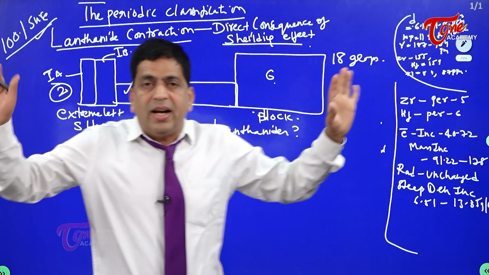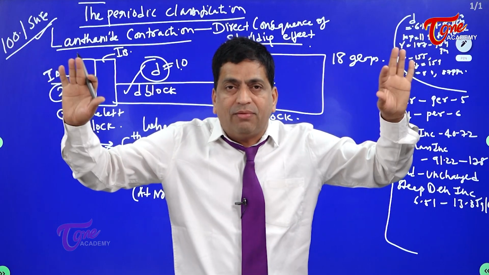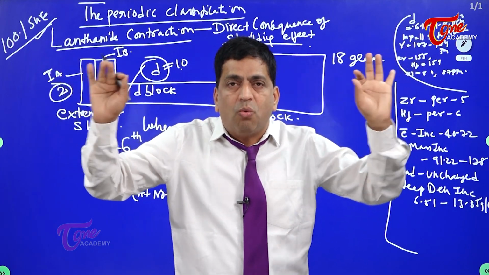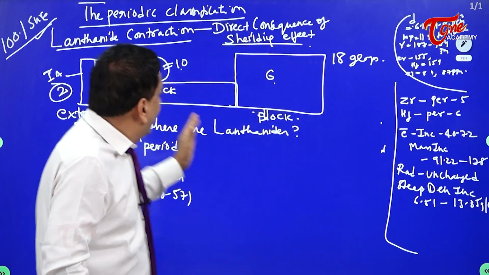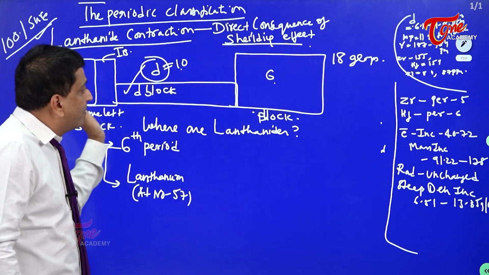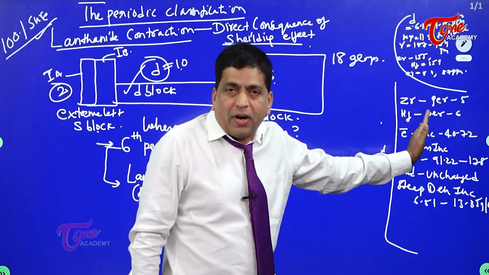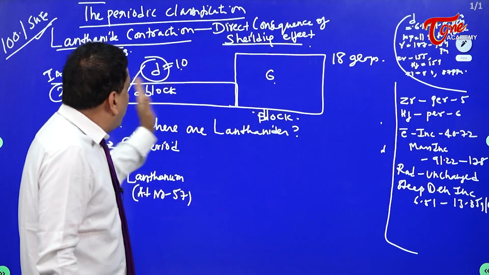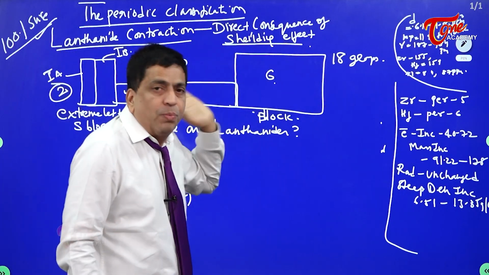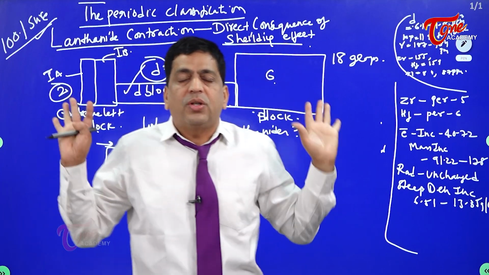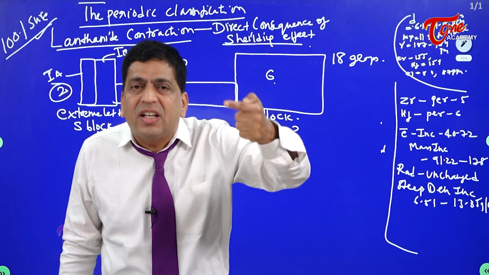Till now I have not discussed lanthanides. What I am telling is, you have 2 groups to the left, 6 groups to the right, and in the D block you have 10. Total are 18 groups. You have 7 periods, and I am taking the 6th period.